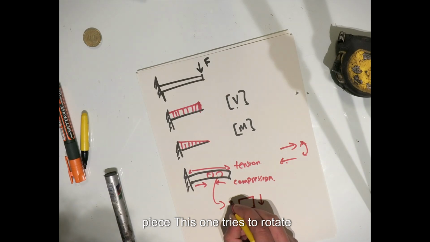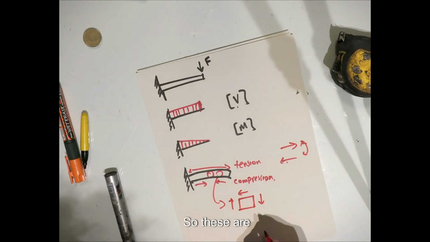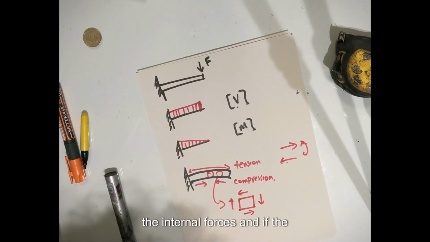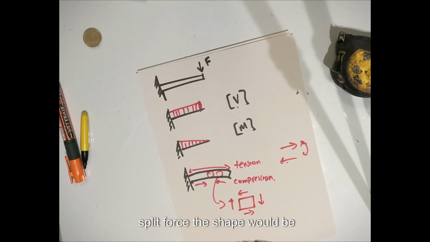This one tries to rotate. So these are the internal forces, and if the element cannot withstand this split force, the shape would be like this.